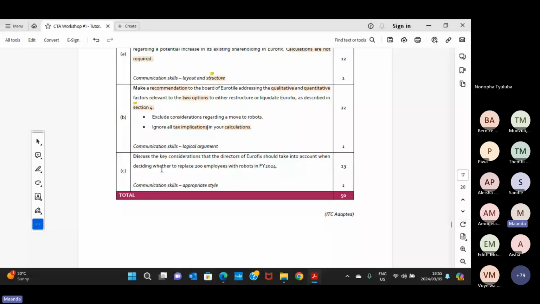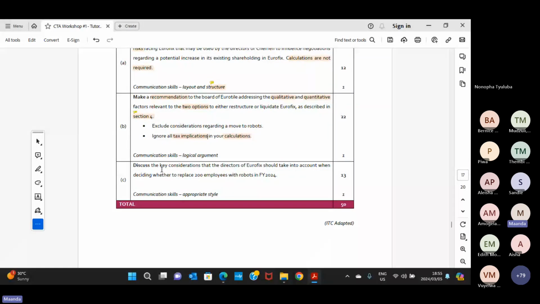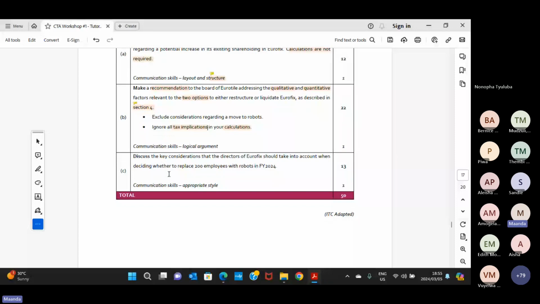Then the last one. So the last one we are told to discuss the key considerations that the directors of Eurofix should take into account when deciding to replace other employees with robots in financial year 2020. And then when you're reading there, you'll see that this has not yet been implemented, right?